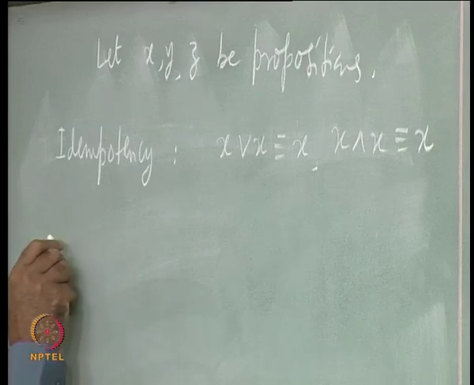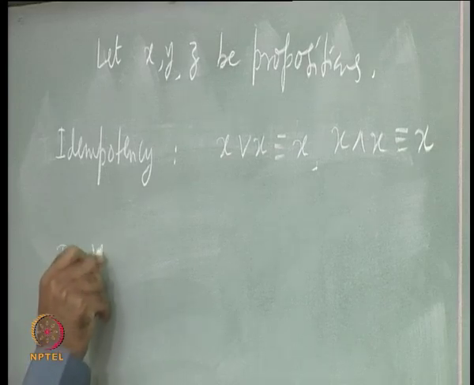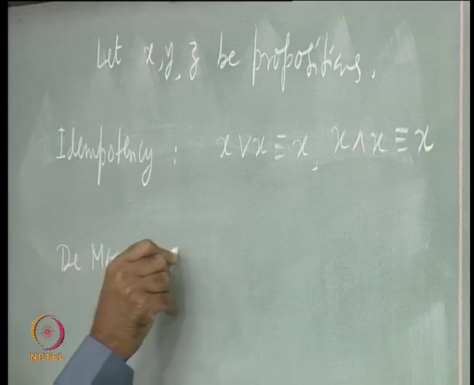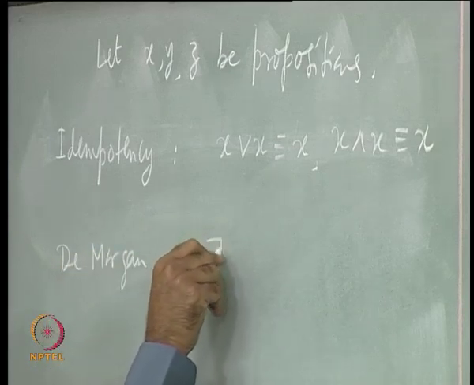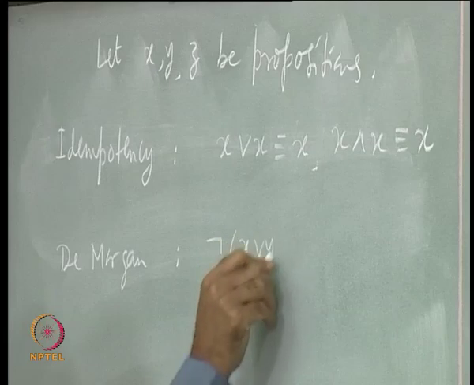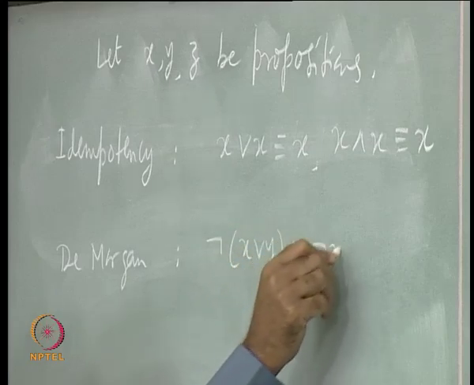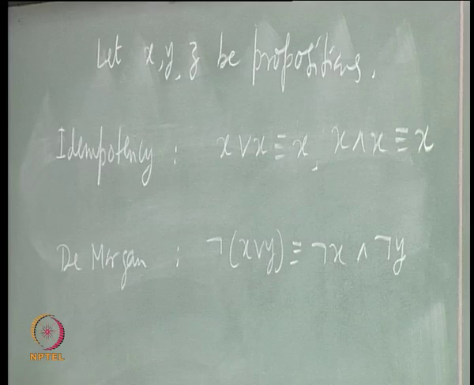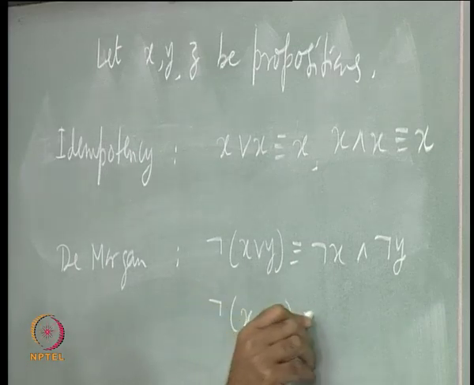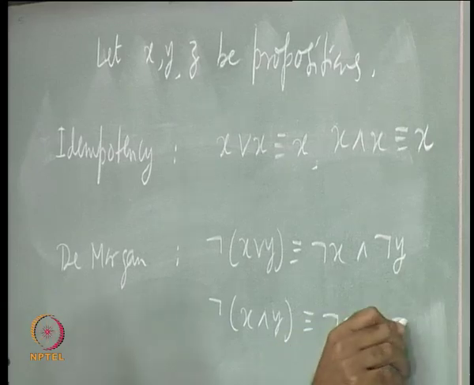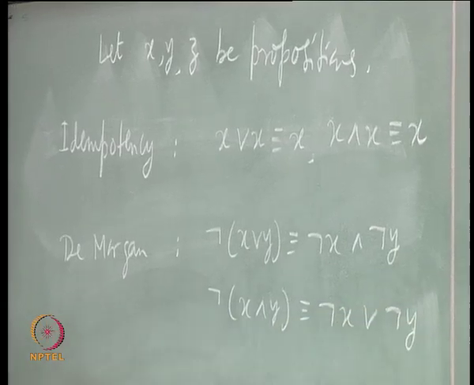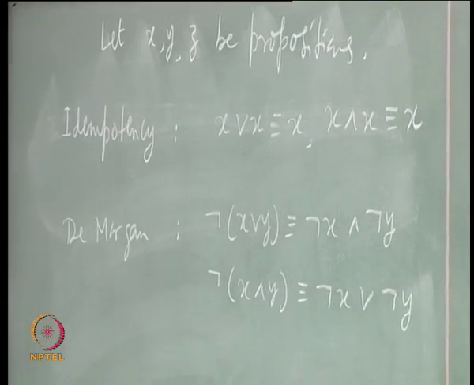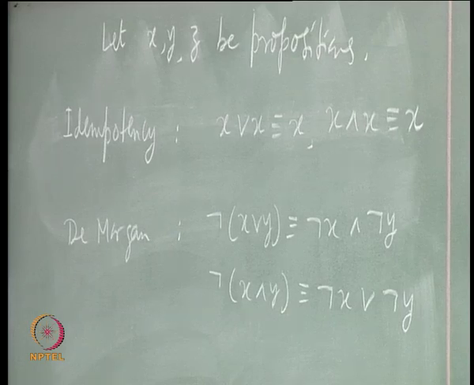Similarly, you have De Morgan, which says not of x or y is equivalent to not x and not y, and not of x and y is equivalent to not x or not y. They are easy to prove from the truth tables.